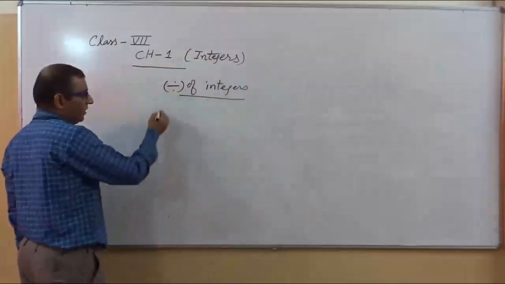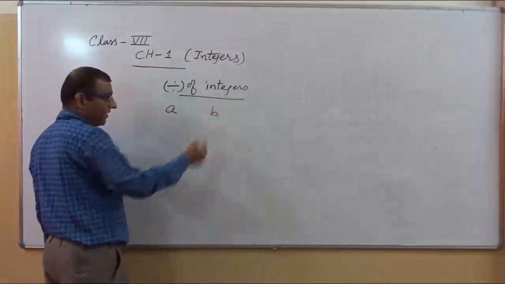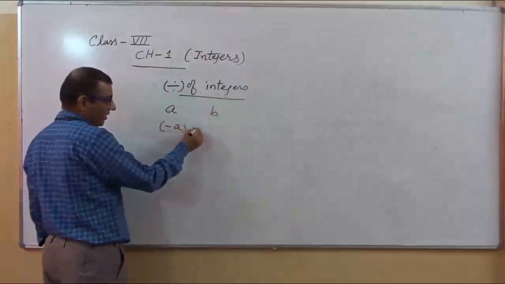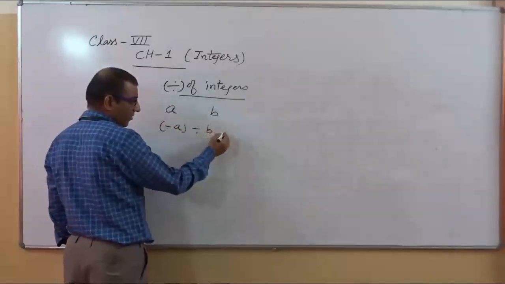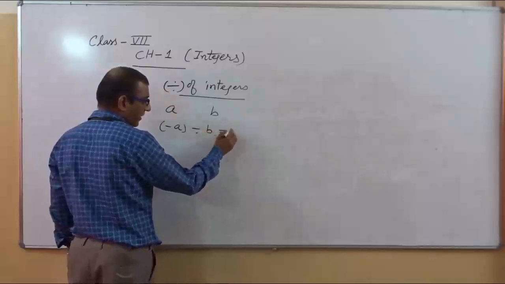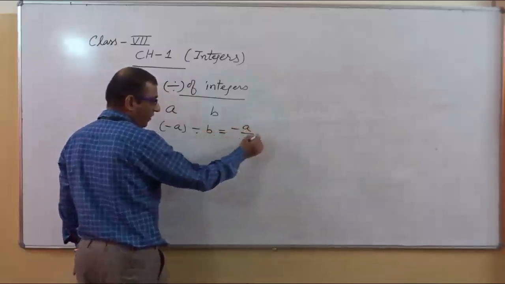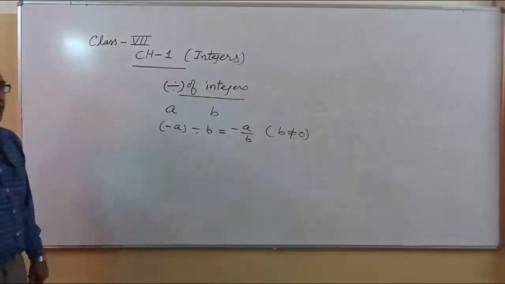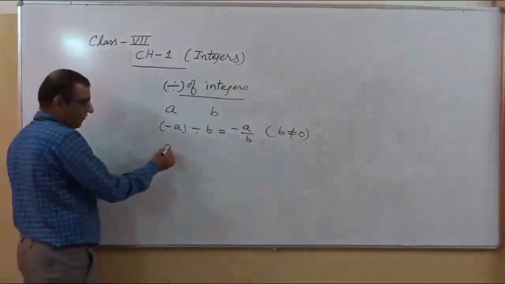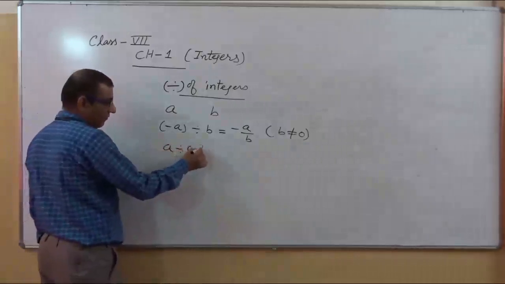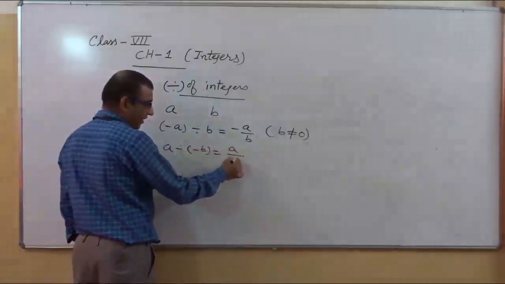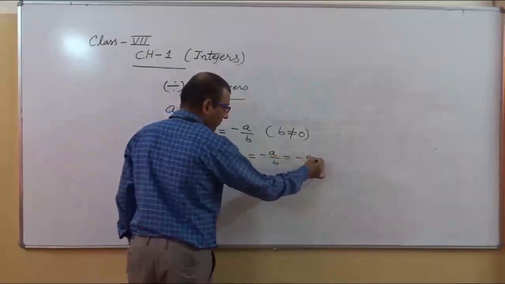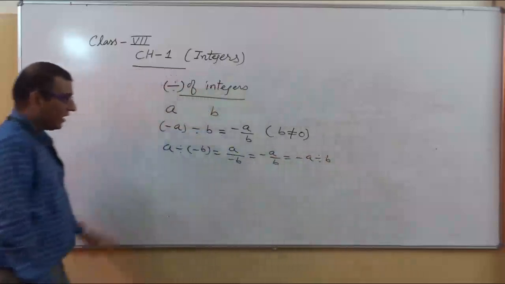As you know very well, if two integers a and b are there, and if we divide minus a by minus b, it can be written as minus a upon minus b, where b is not equal to 0, because if b equals 0 then it is not defined.